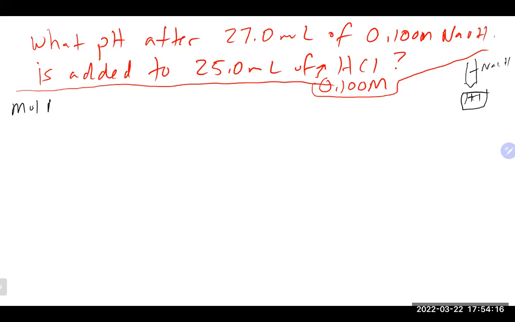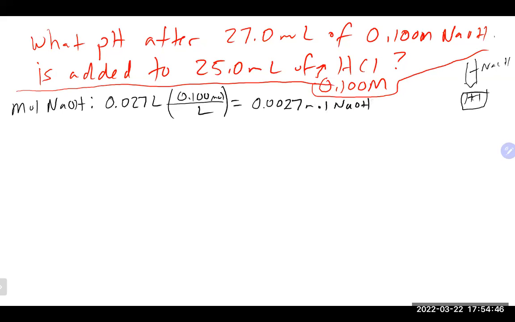So if we want our moles of sodium hydroxide, that would be converting my milliliters into liters, 0.027 liters, times my molarity, which is 0.1 moles per liter. Liters will cancel out, 0.1 times 0.027, 0.0027 moles of our sodium hydroxide.